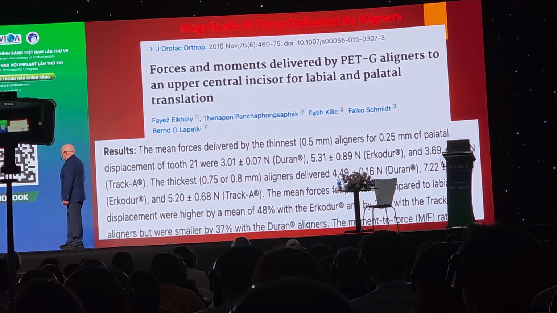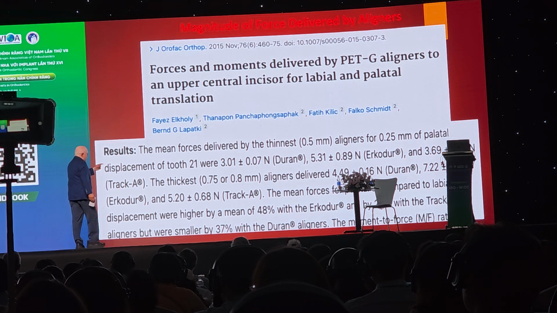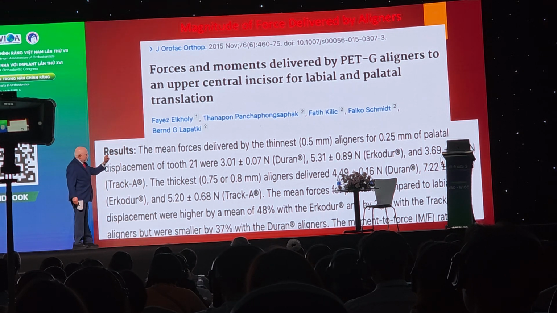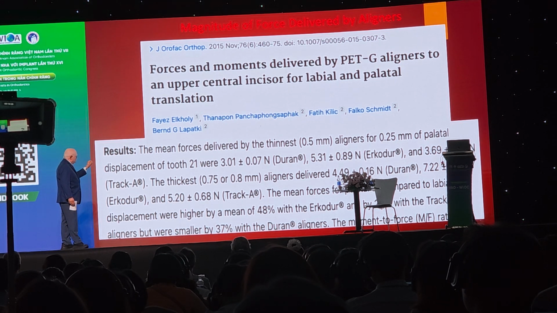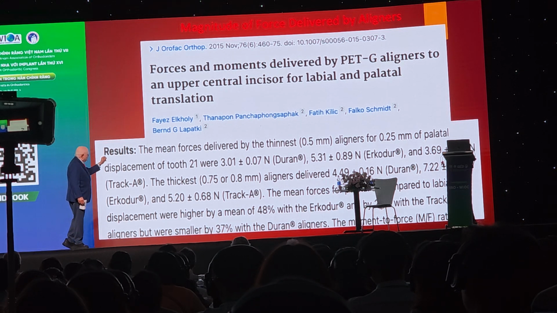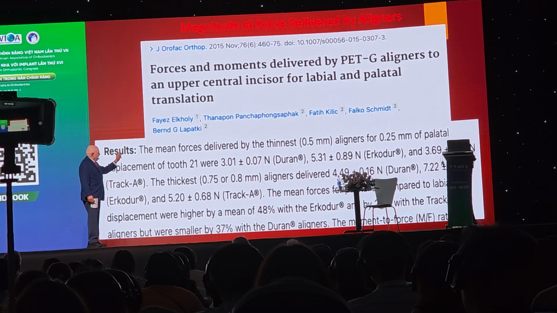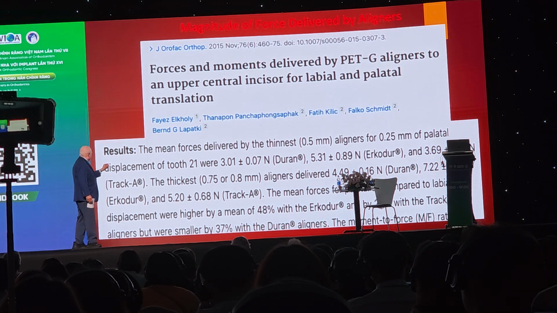The mean force delivered for 0.5 millimeter aligners for 0.25 millimeter of palatal displacement of tooth 21 were 3.1, 5.31, 3.69.